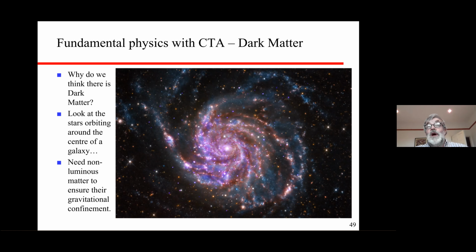For example, one of the big puzzles at the moment in our understanding of how the universe developed from the Big Bang is why galaxies grow to a certain size by attracting in surrounding material because of the gravitational interactions. But why do they stop at that size? Why don't they continue getting bigger and bigger? If you do simulations of what you expect the size of galaxies to be, we don't see a cutoff.